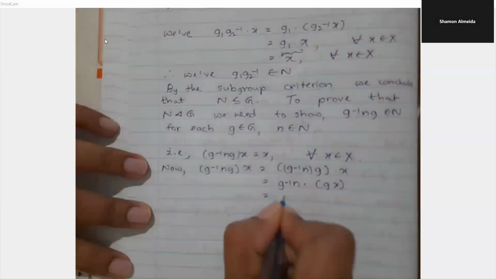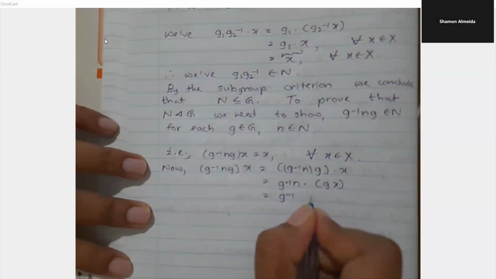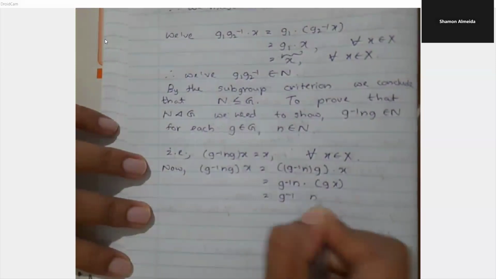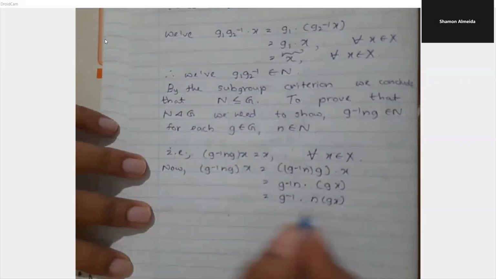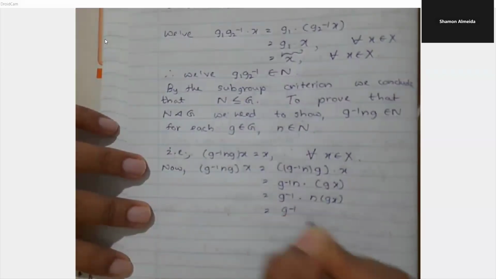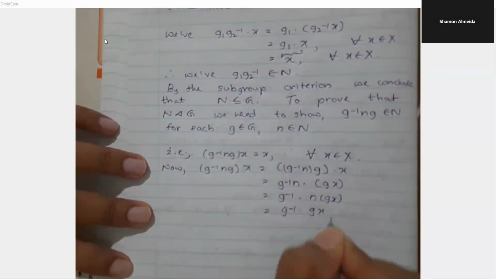So we end up with g inverse dot n g x. Now this is equal to g inverse dot gx.